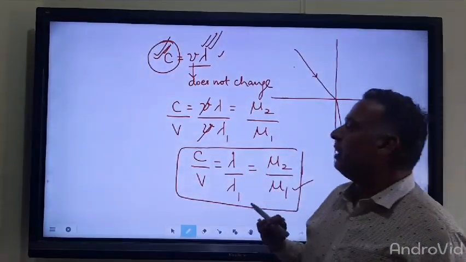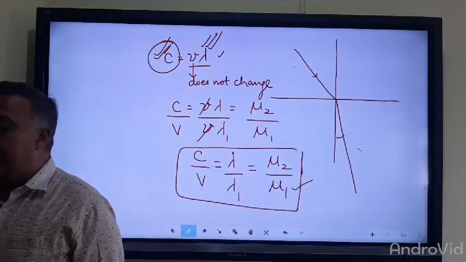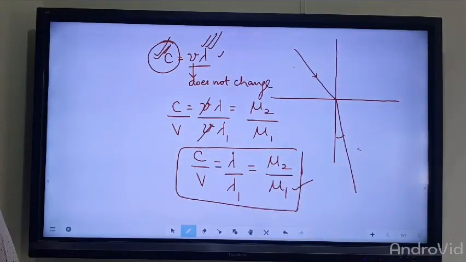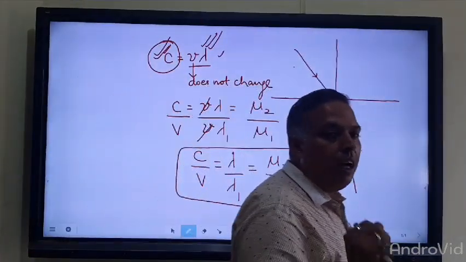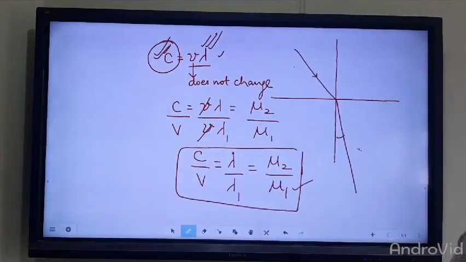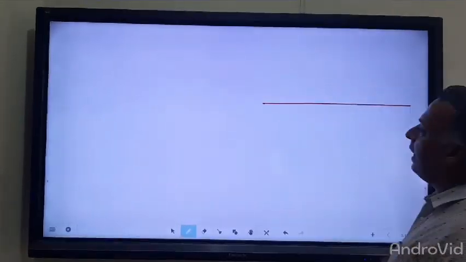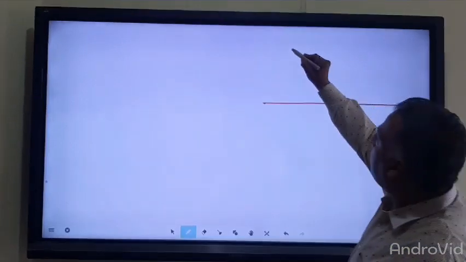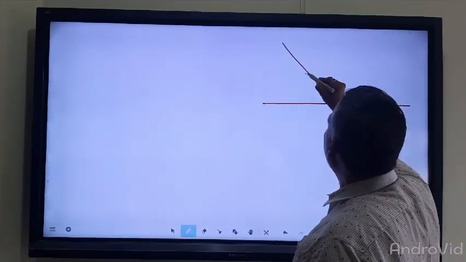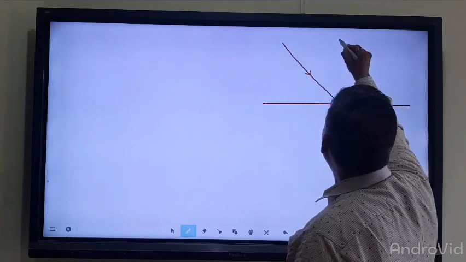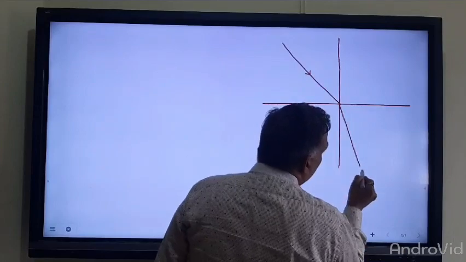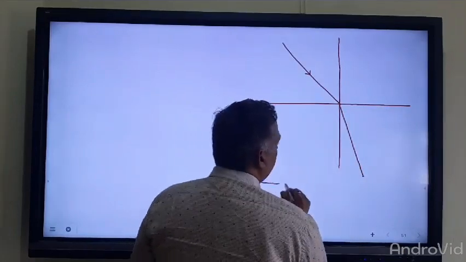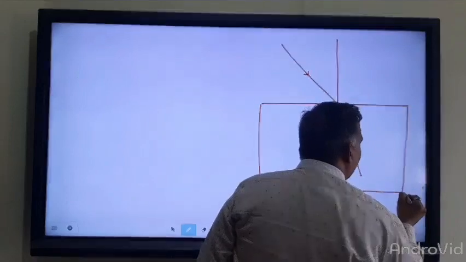And another phenomenon is the lateral displacement. How the lateral displacement takes place. So now I will talk about the lateral displacement. This is an interface, again I am taking, this is an incident ray that's striking on the surface, and this is a normal, and this is a ray that's bending. This we have taken, now I am considering this is a glass slab.